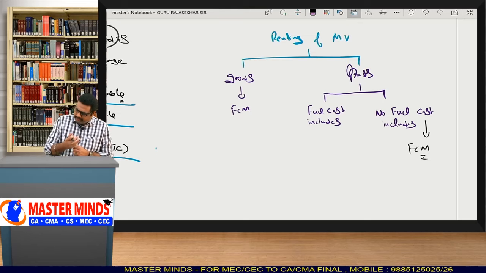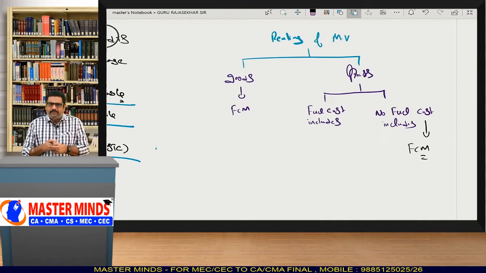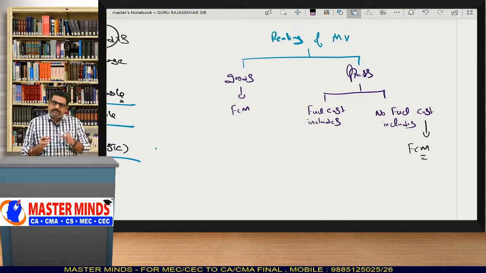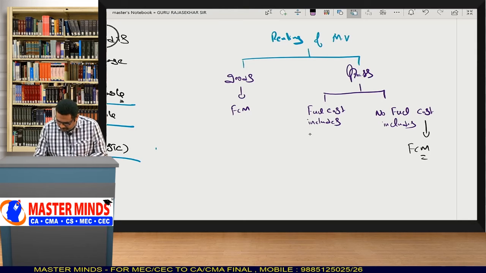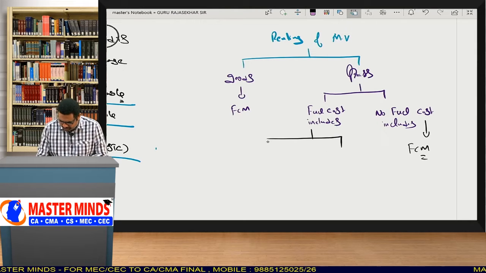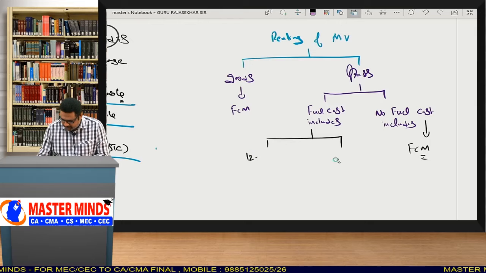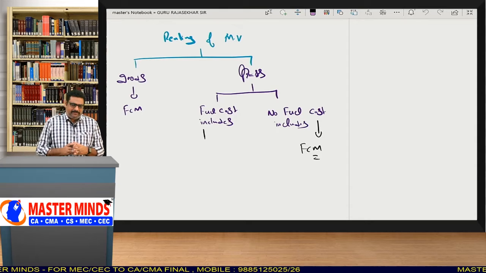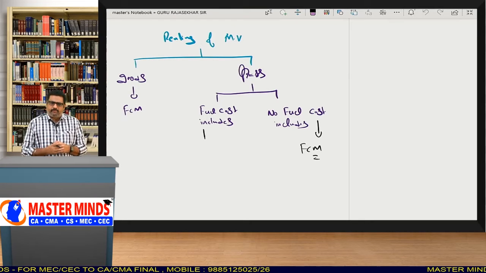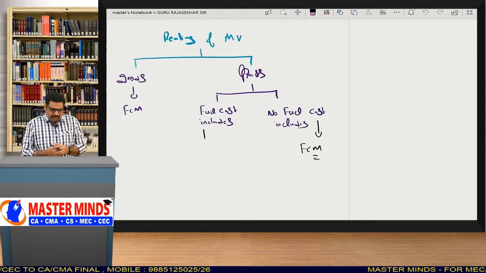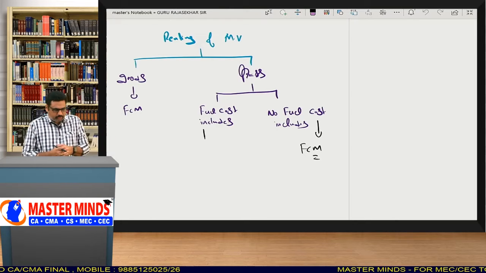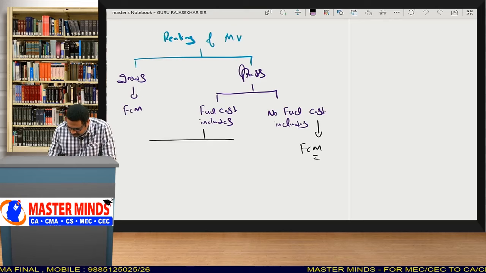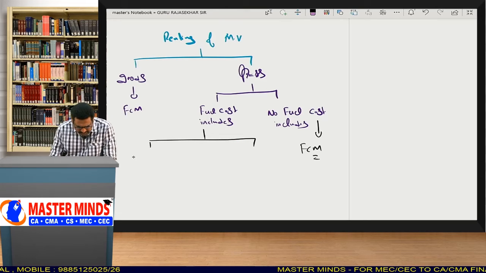And if at all the consideration charged from the recipient is inclusive of fuel cost in the consideration, then again 2 points will be applicable. If at all this particular consideration which is charged by the supplier includes fuel cost, then how the invoice is issued will be taken into consideration. Again it is 2 points.